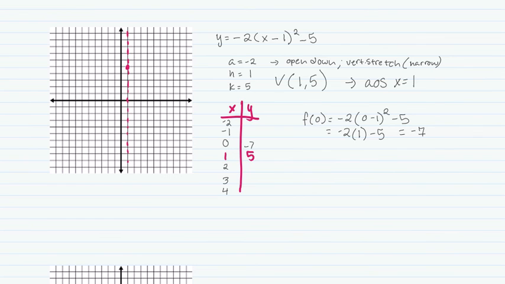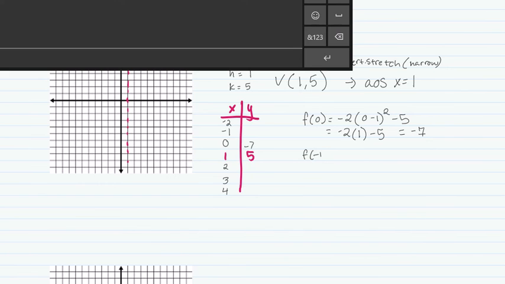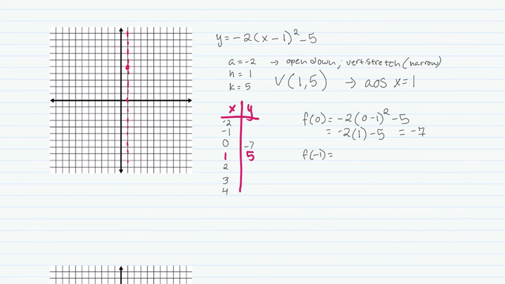And then I'm going to go ahead and do f of negative 1. That's negative 2 times (negative 1 minus 1) squared minus 5. Negative 1 minus 1 is negative 2, and negative 2 squared is 4. So that's negative 8 minus 5, negative 13.